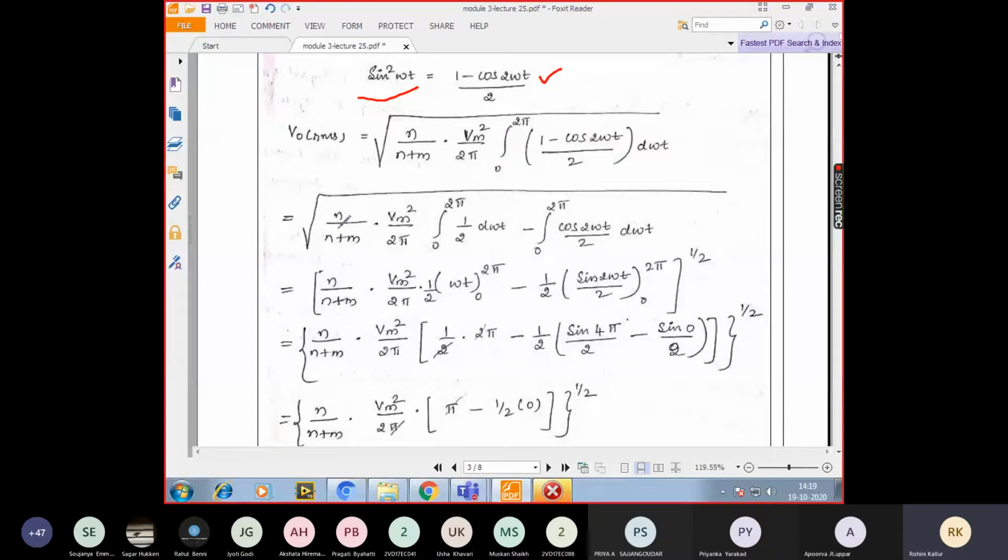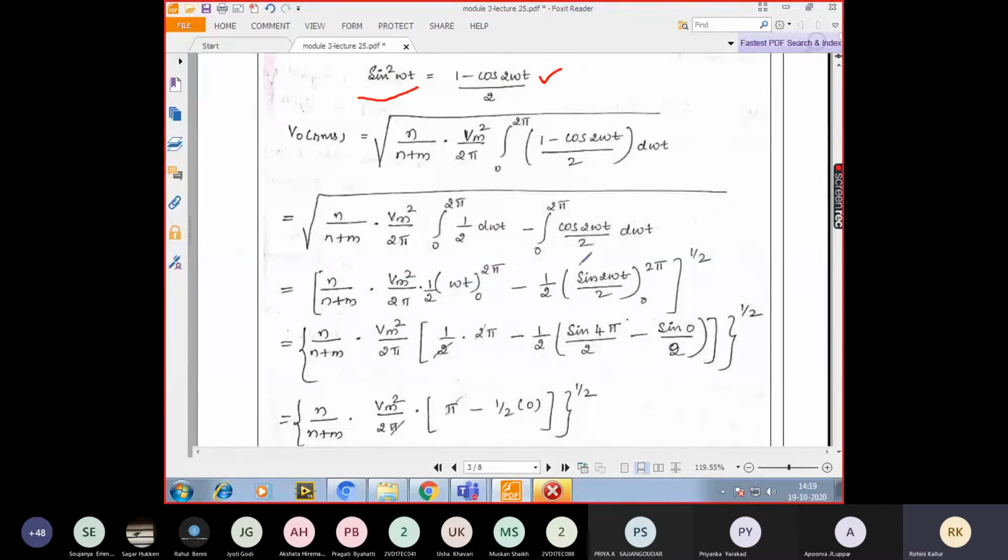So n divided by n plus m into Vm square by 2 pi multiplied with this. Apply the integration. 1 by 2 is constant, so we are left with 1 d omega t, and integration of 1 is nothing but omega t, with the limit 0 to 2 pi.